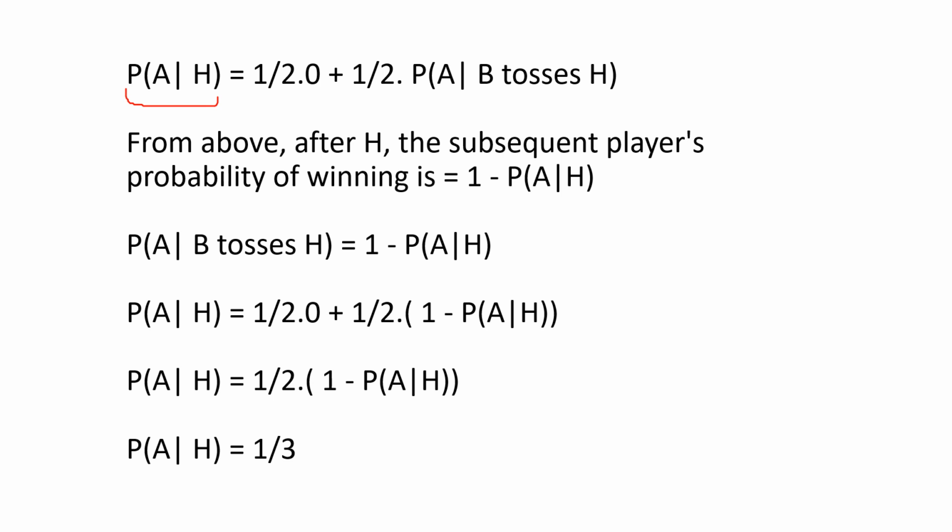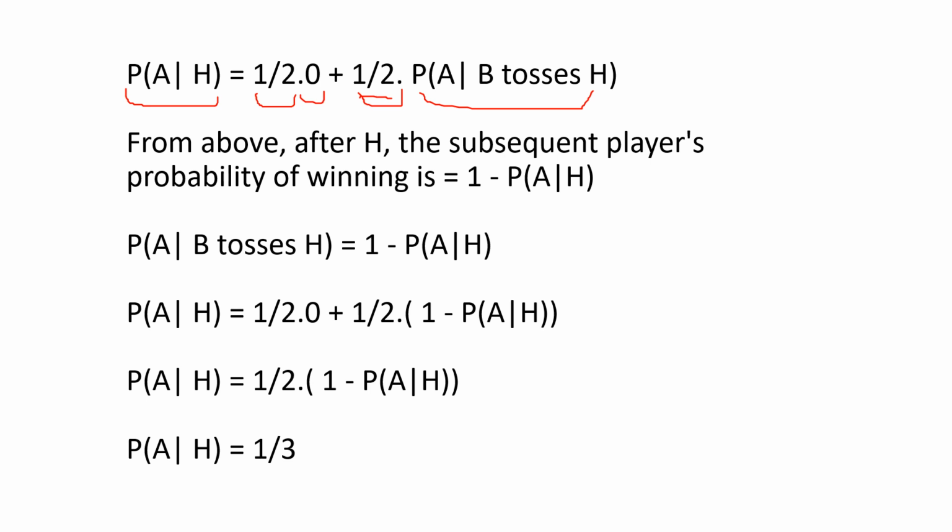So in that case, A's probability of winning is 0. If B tosses tails, which will happen with probability 1 by 2, A's probability of winning is 0. So 1 by 2 times 0, plus if B tosses heads, which will happen with probability 1 by 2, A's probability of winning is PA given B tosses heads.